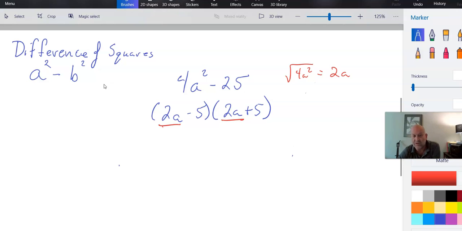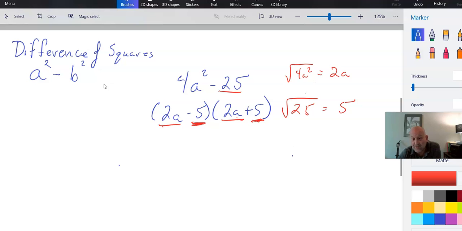Because 2a times 2a is 4a squared. So that means that the first term in each one of these factors is the square root of the first term here. And then the second term. Well, I have 25 as the second term of the original problem. If I take its square root, I get 5. And you notice these are also 5s.